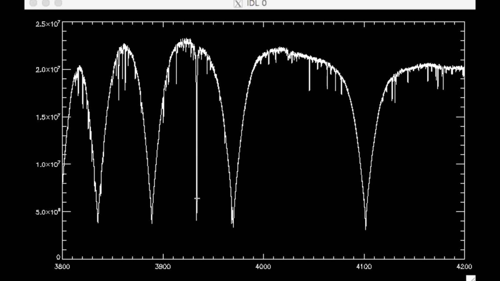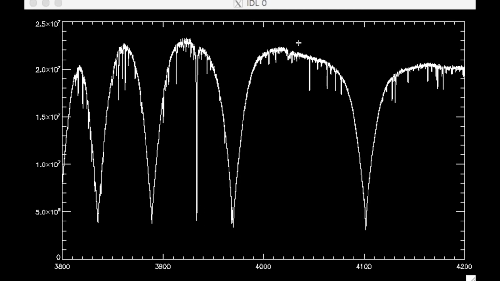But ignoring that, what you're seeing here is the lines that are formed in the upper atmosphere, and then the lines of hydrogen that, because they're so bloody abundant, are formed over the entire visible path of the atmosphere, all the way down to this portion, which is the photosphere.